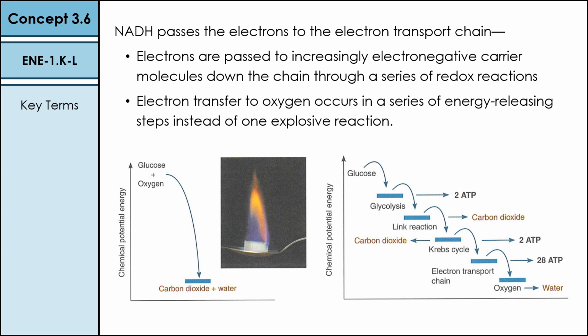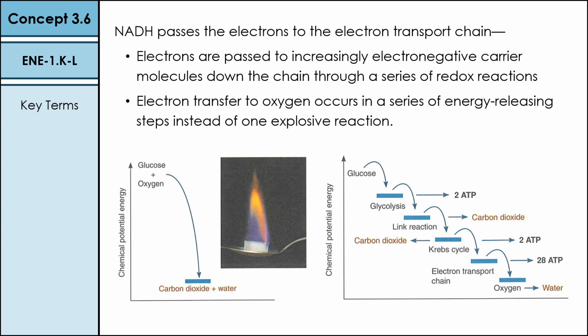We get one sum of energy. But if we turn this into a series of steps and we pass our electrons to increasingly electronegative carriers, we create a series of energy releasing steps. And so we're getting controlled amounts of energy at a time, and the more energy we end up being able to harness in the later process. We're losing less as heat in this case.